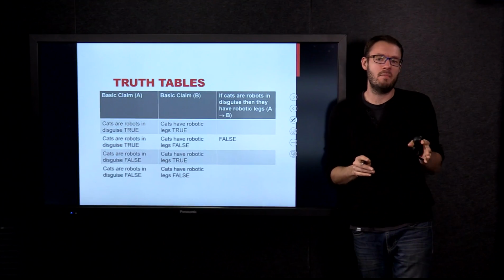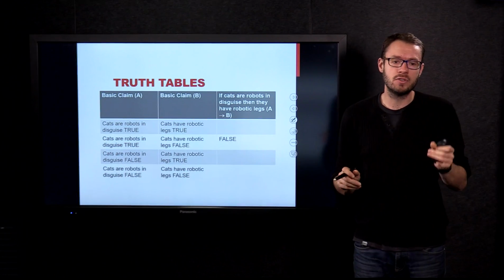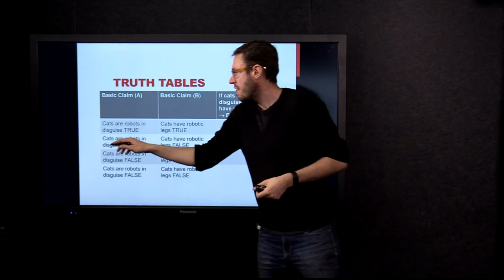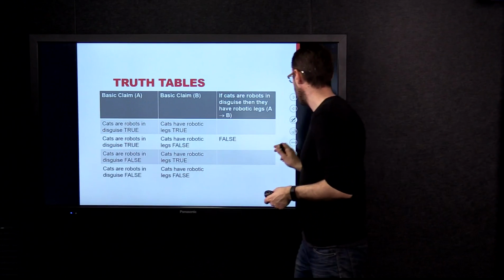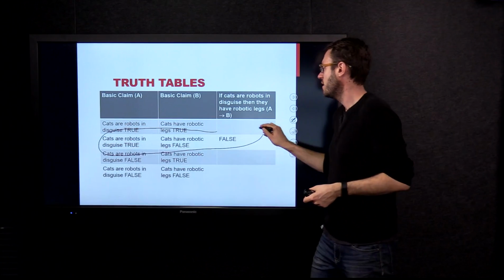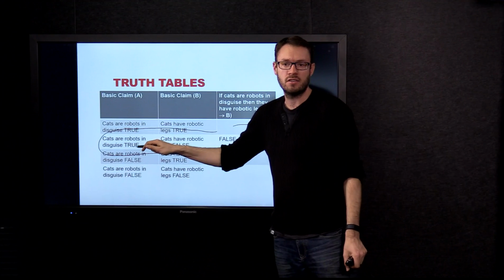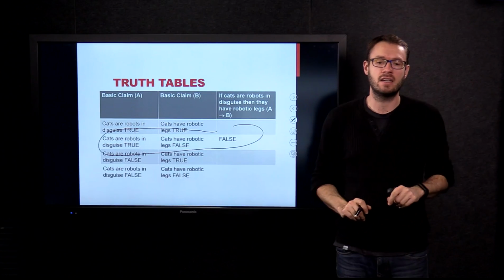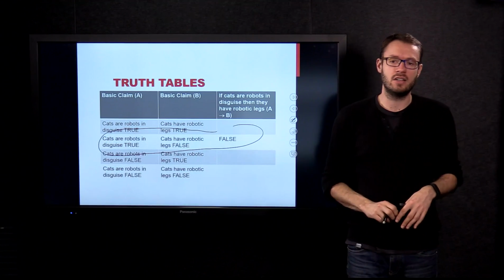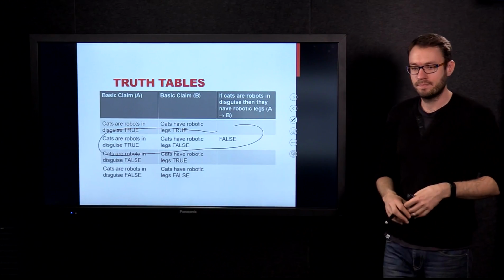And what we've just said about the conditional is that it fails when you've got the first thing and you don't have the second thing. So if we have a look at the table, that failure is happening in this second line. In this second line, we're seeing that cats are robots in disguise, right? So the first thing is true, the left-hand side of that conditional is true, but cats have robotic legs is false, so the right-hand side of the conditional is false, so the conditional itself is failing.